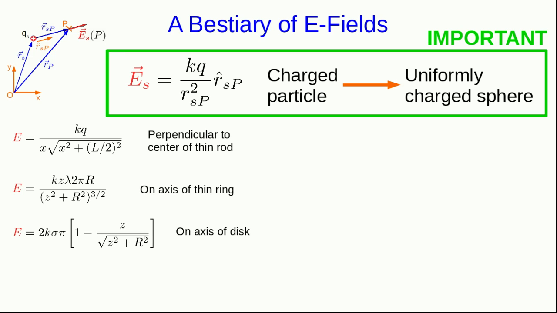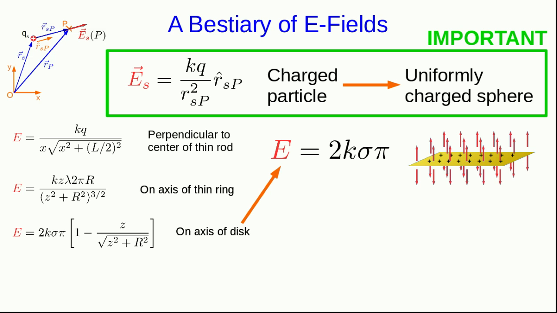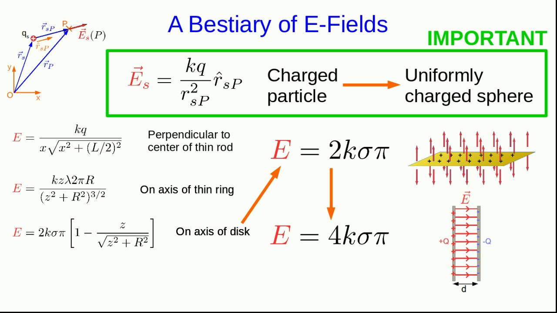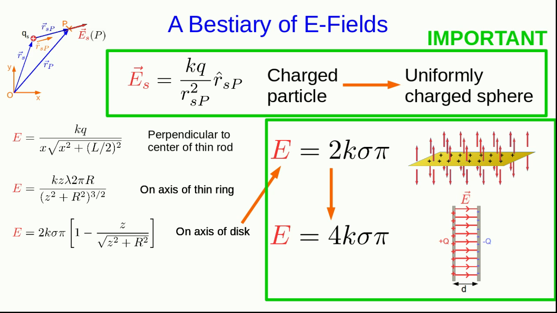Setting aside those unimportant ones, we then went on and used the expression for the E-field due to a disk to get the E-field due to an infinite plane. And from there, it was one quick, simple step to get the E-field due to a parallel plate capacitor, or two infinite planes of opposite charge. These expressions are important. Luckily, they're also very simple.